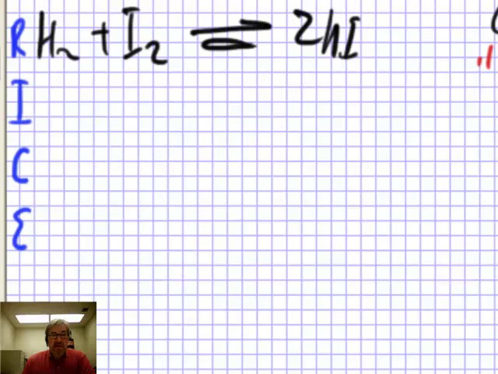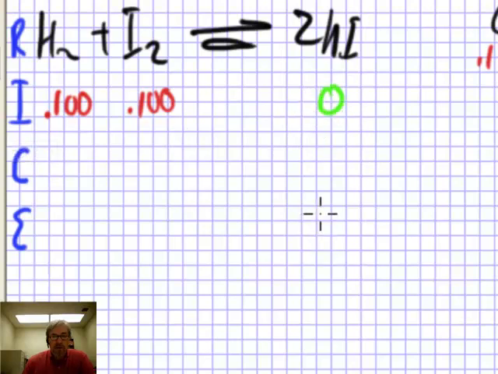So the concentration of H2 is equal to the concentration of I2, and that is equal to 0.200 moles per 2 liters. So that means we have an initial concentration of 0.100 molar. So our initial concentrations for H2 and I2 are 0.100 molar, and for HI we have nothing.